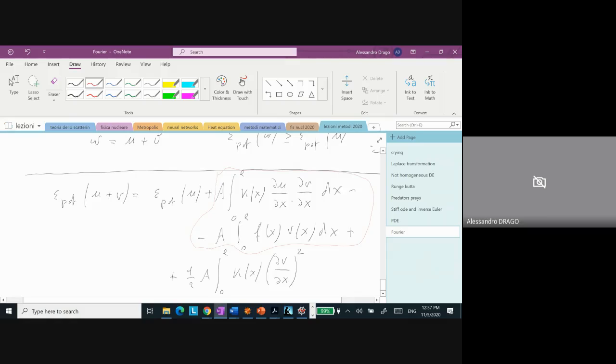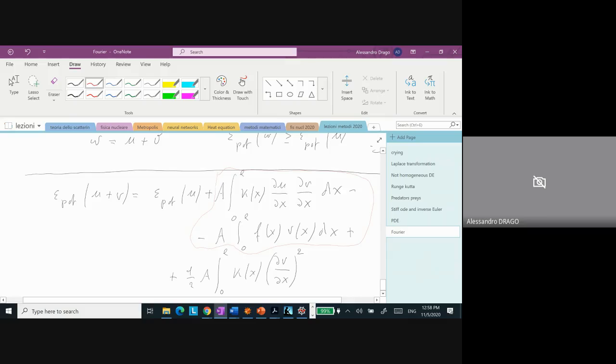This is what we are going to show now. So what I'm claiming is that the sum of these two terms is 0 for whatever v, if u satisfies the original differential equation. This is what we're going to check now.